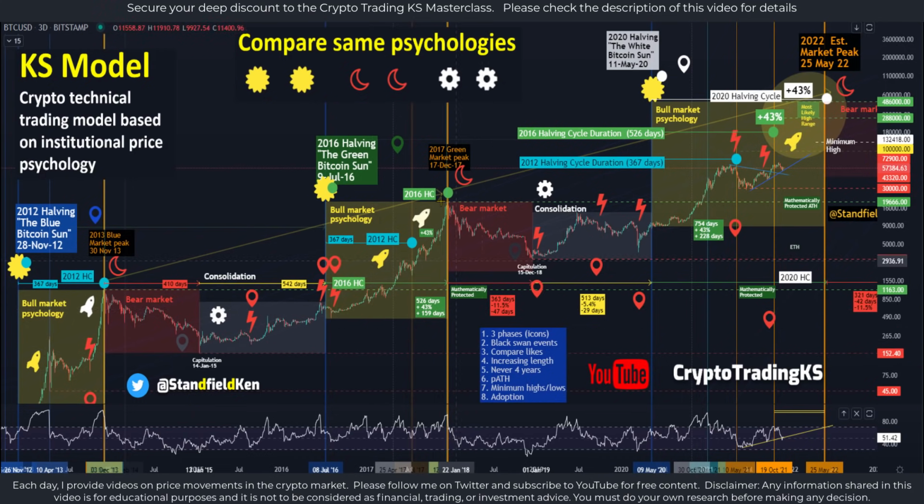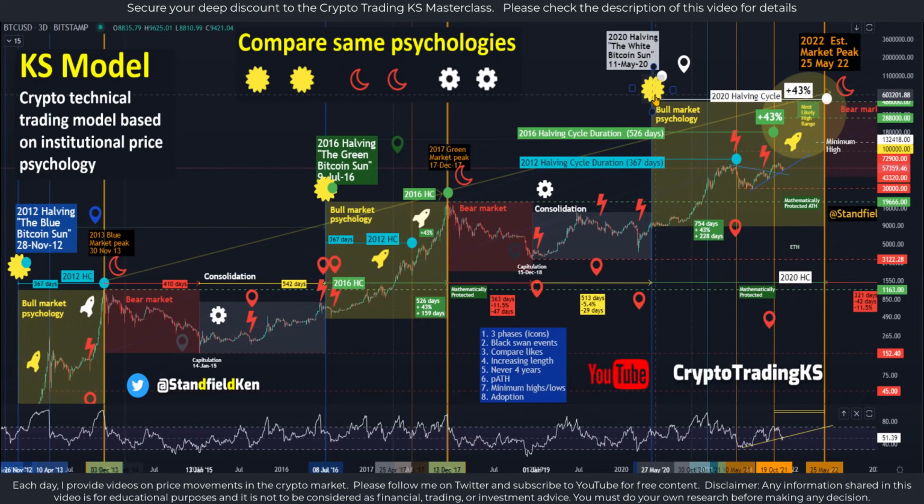Point number 3 is that we need to compare same psychologies. Before the KS model, people were comparing bull market psychology to consolidation psychology to bear market psychology. Having lectured first and second year stats for many years, I always look for mathematical comparability. It's really important to compare like psychologies.